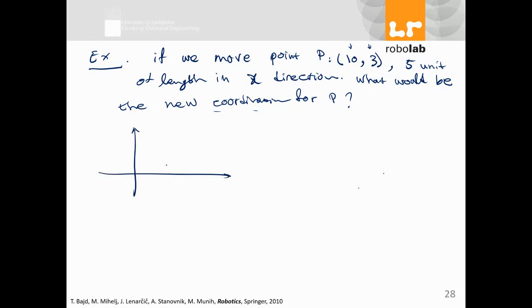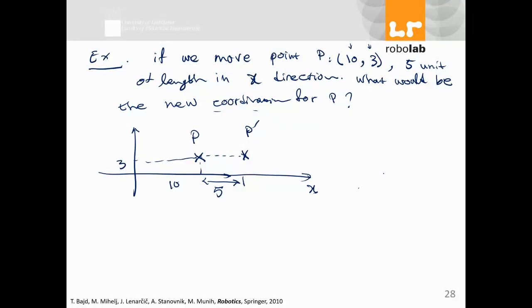So if I have a point at 10, 3 here, and I move this point P 5 units in the X direction, what would be the coordinates of this new point? Can you please type in? Super easy, I know, but I want to keep everyone active.